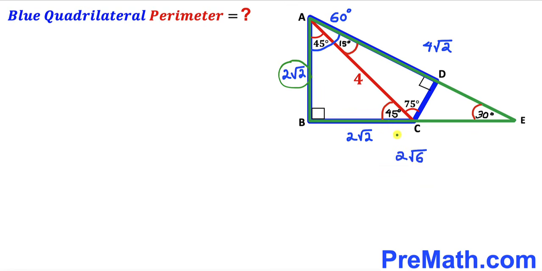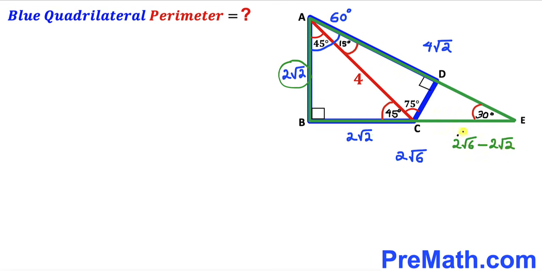And now let's make an observation. We know that this segment BC length is 2 times the square root of 2. So therefore, this remaining segment CE length is going to be 2 times the square root of 6 minus 2 times the square root of 2.